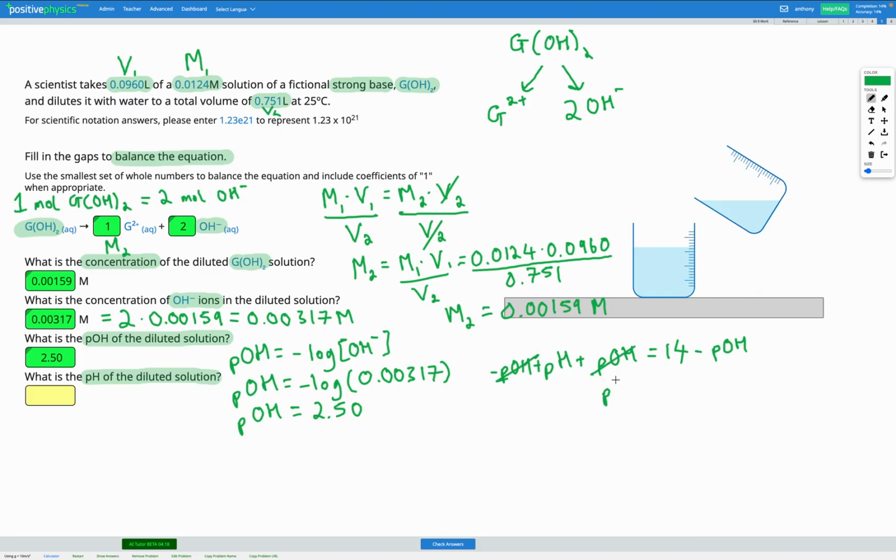That leaves us with pH is equal to 14 minus pOH. So we can put in our numbers. 14 minus pOH, which we just found was 2.50. That gives us a pH of 11.5. So we can go ahead and fill that in.